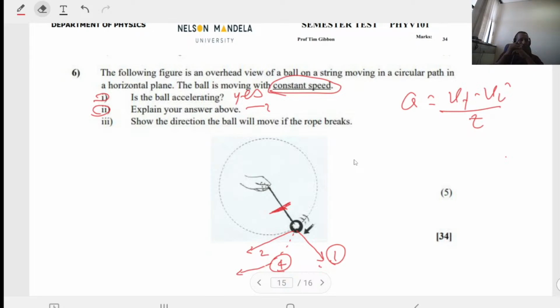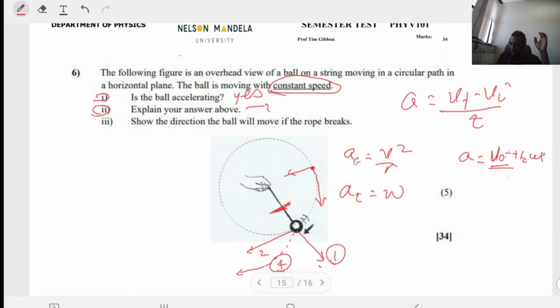I think Themba said very well. Remember, at every point in a circle, if an object is undergoing a circular path, there is a so-called centripetal acceleration, center seeking, which is v squared over r, and then it also has a tangential component, which is omega, the angular frequency, times r.